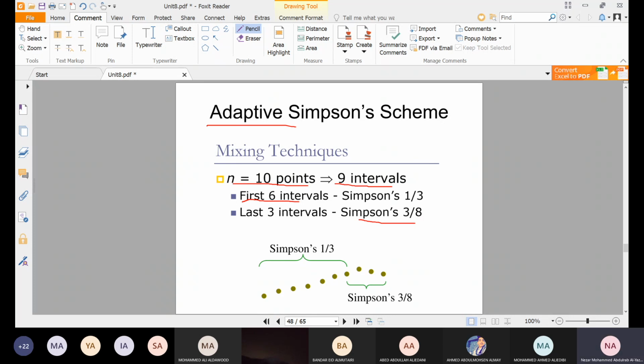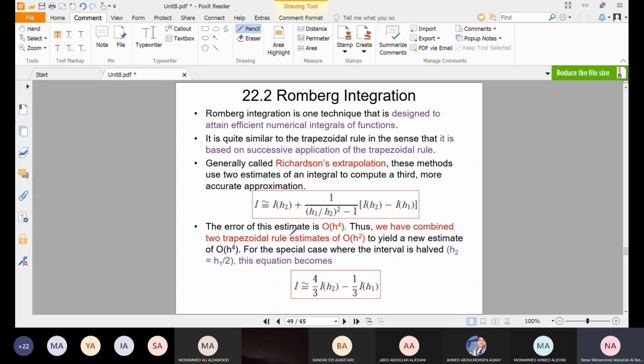So the last topic we have in this unit is Romberg integration. Romberg integration, as we know, is generally called Richardson extrapolation, and we are familiar with this. We studied this before in numerical differentiation.